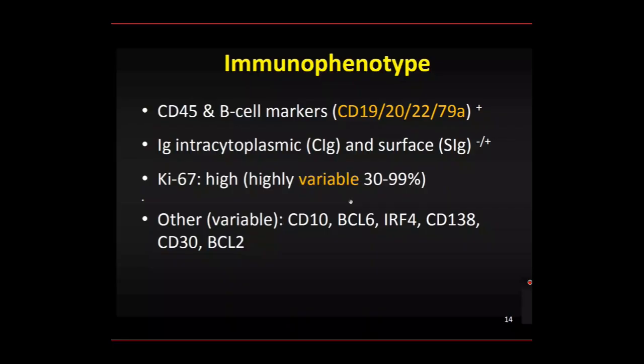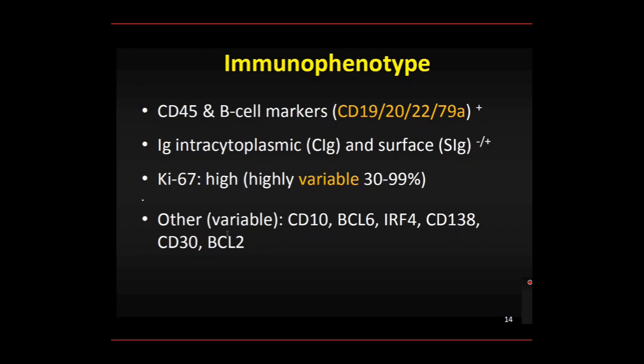So we have germinal center markers like CD10 and BCL6. Then we have IRF4 as a marker of, let's say, tendency to exit the germinal center, CD138 as a marker of plasma cellular differentiation, and other markers just meaning cellular activation like CD30, which is mostly important for differential diagnosis, because nowadays we have a monoclonal antibody, but it's not officially approved for the treatment of diffuse large B-cell, so it's mostly for differential diagnosis, as you'll see, with Hodgkin lymphoma.